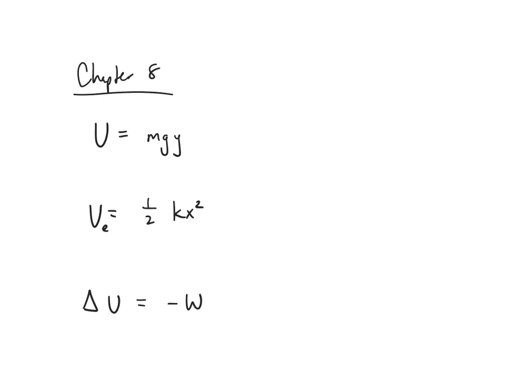But we said a moment ago that if you're lifting an object up, what kind of work is gravity doing? Gravity is doing negative work because it's pulling down. So that's what we're seeing right here: the potential energy gained by something is equal to the negative work done by gravity. So that's the concept of the theory behind this chapter, and that's really section 8.1.